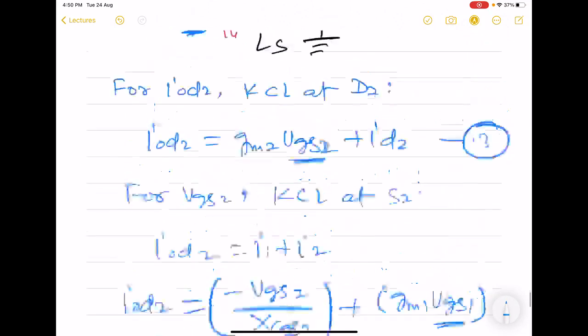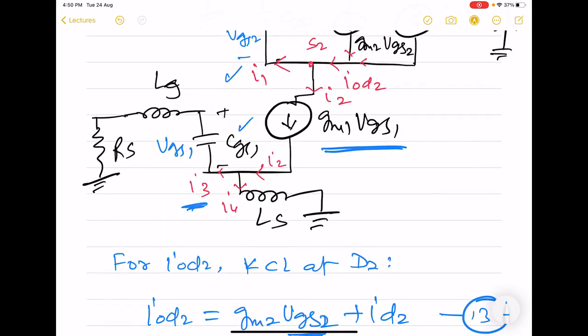So we again see the current division phenomenon taking place here. This incoming I2 current gets divided into currents I3 and I4 for two impedances, Z1, which is RS, LG, and CGS1, and impedance Z2.